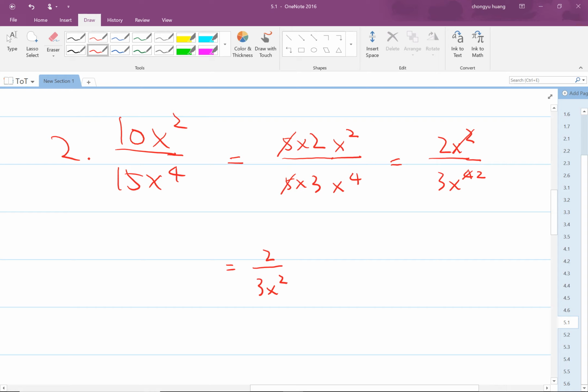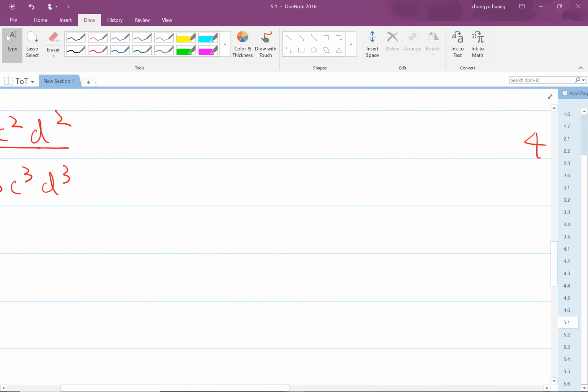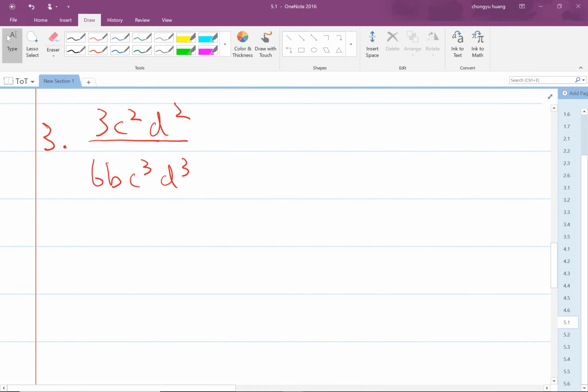The answer here is 2 over 3x to the power 2. So let's move into question 3. As you notice, we do apply the property.